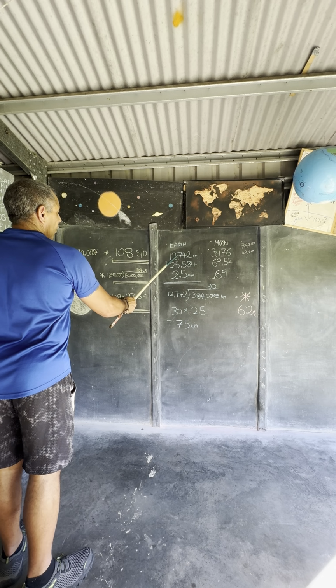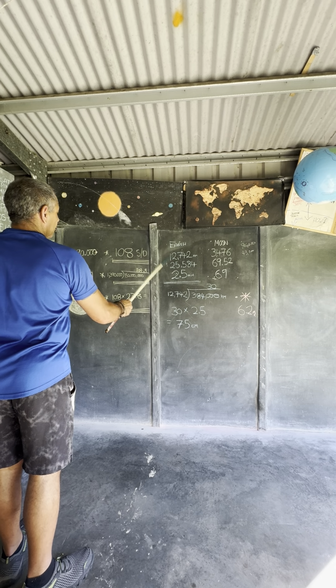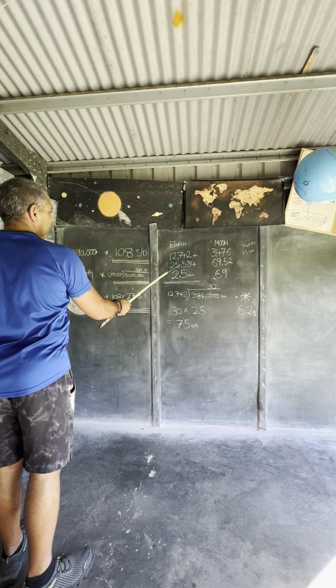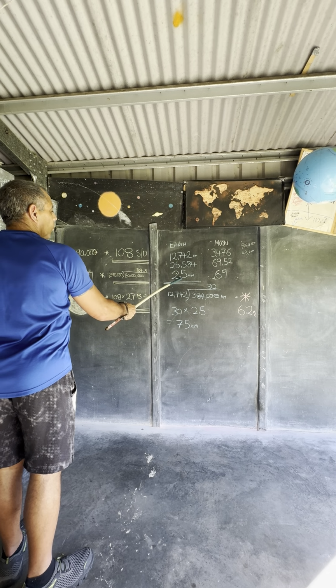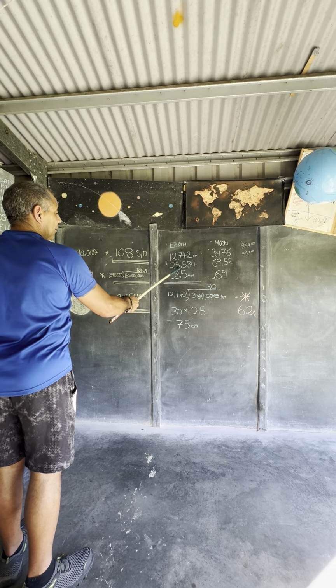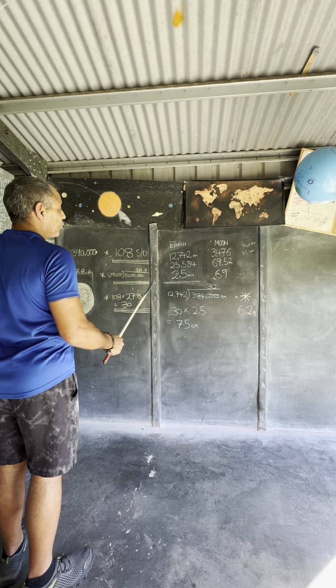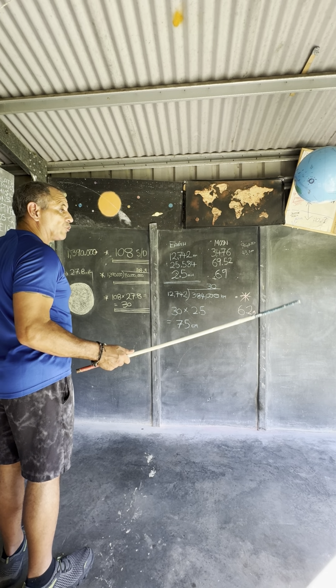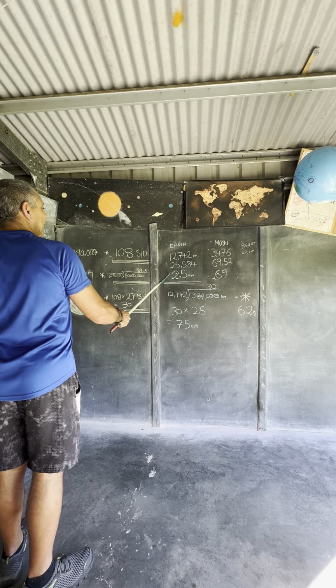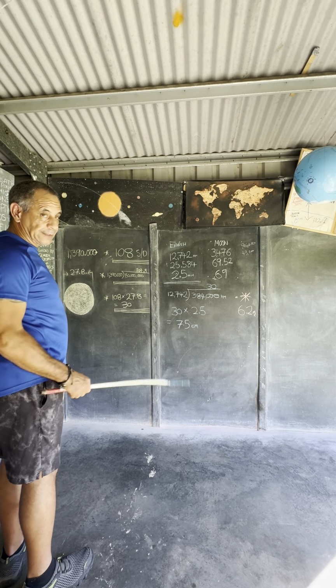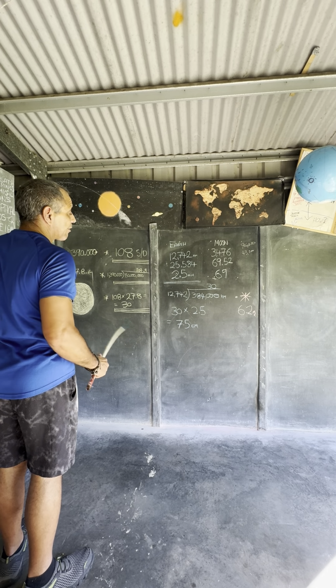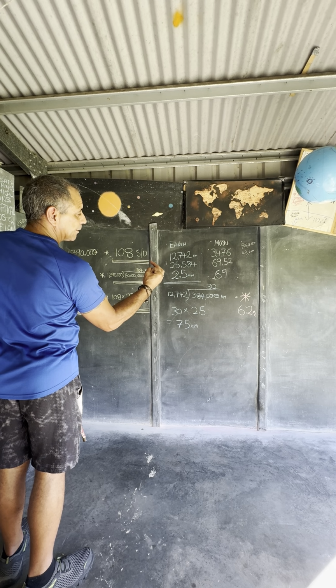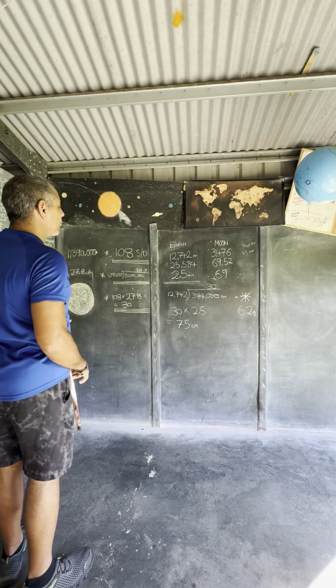Earth, 12,742 times 2 is 25,584. We divide that by 50 million, because this is now at a 50 million to 1 scale, we get 2.5 millimeters. So planet Earth has a diameter of 2.5.